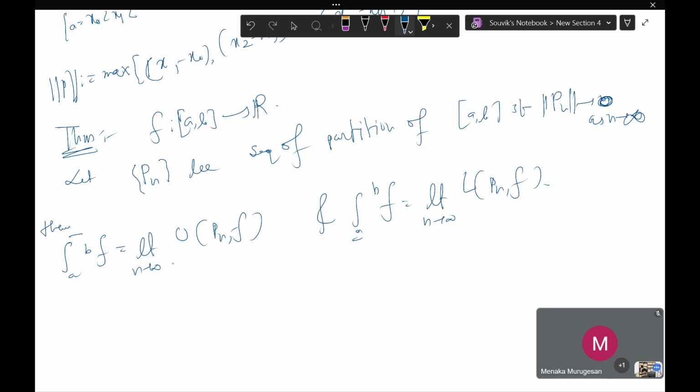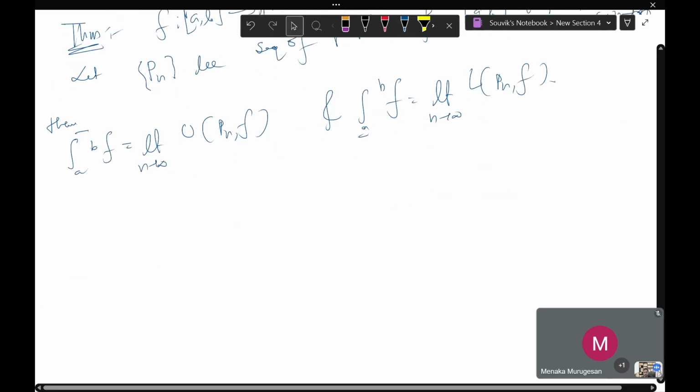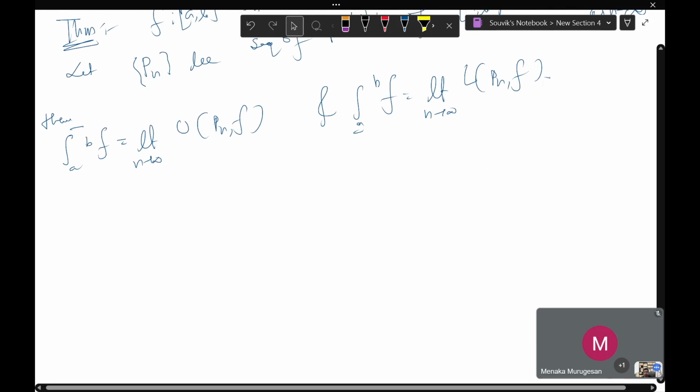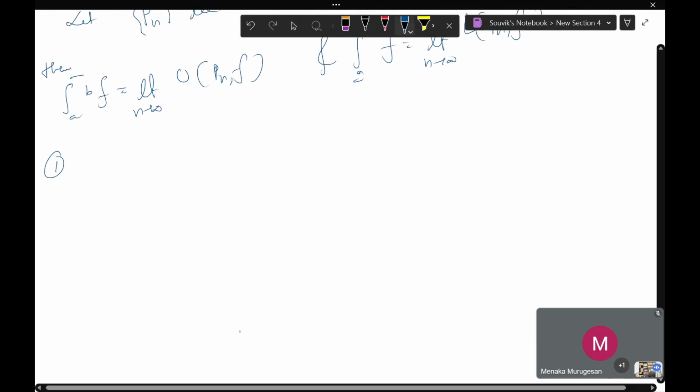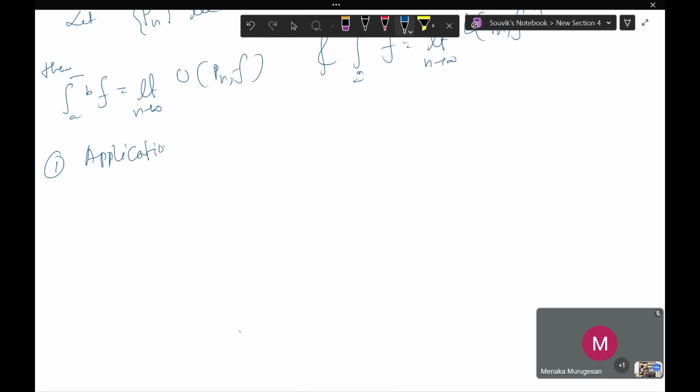So using this, first let's evaluate the integration of the identity function, as an application of the theorem.